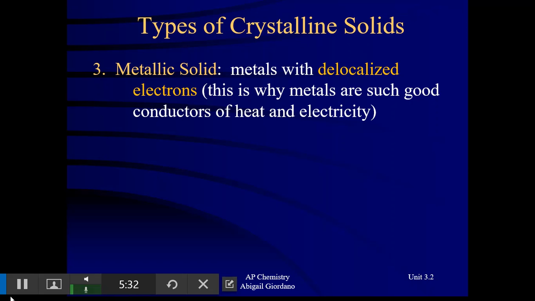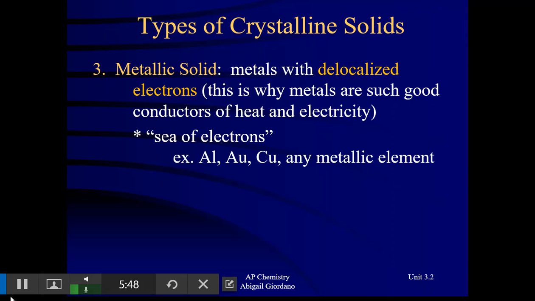Delocalized just means electrons that can easily move around. So metal atoms don't really hold on to their own electrons. Electrons are kind of shared all throughout a metal, and this is why they are such excellent conductors. And again, we've seen this phrase before. Metals have what we describe as a sea of electrons, electrons that can flow easily.